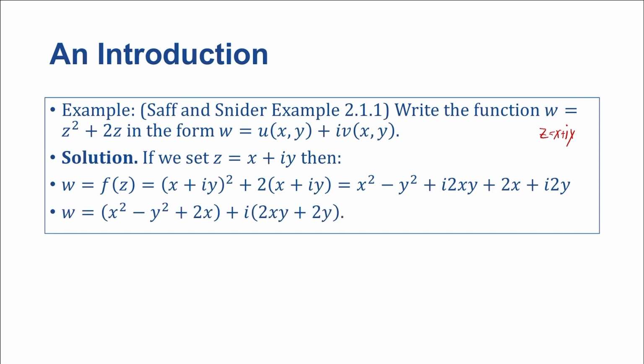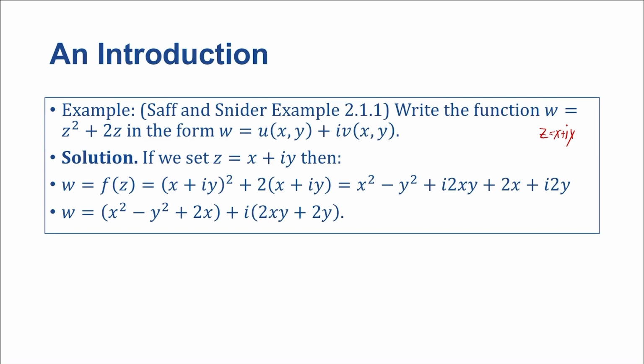So therefore, we find that w is equal to x squared minus y squared plus 2x, plus i times (2xy plus 2y). So we've transitioned this function in the form of z into something that I would call more like a standard form of f in terms of x and y. I would hope that this makes sense to everyone, and this is sort of how it works.